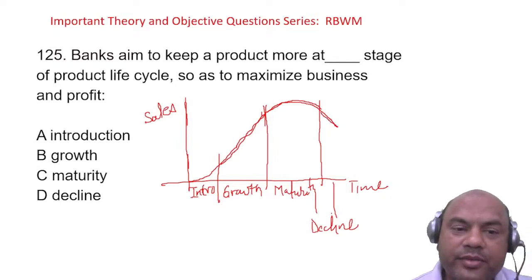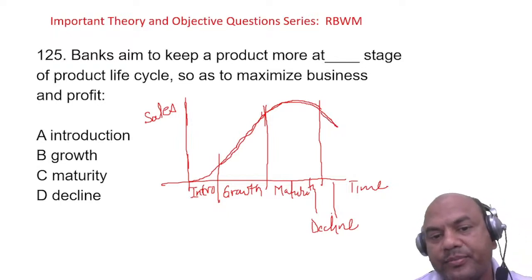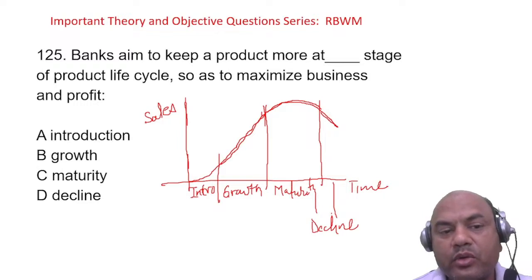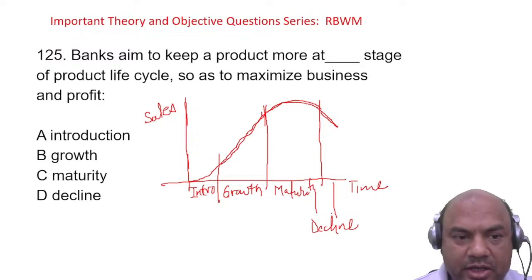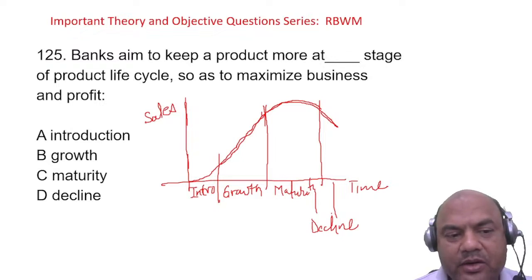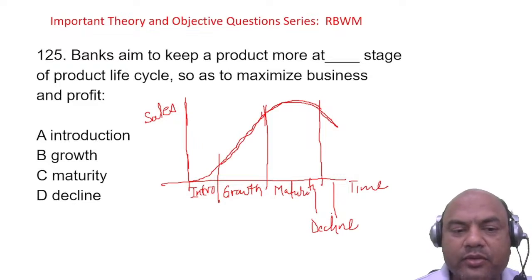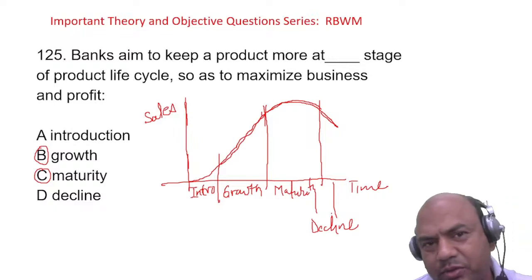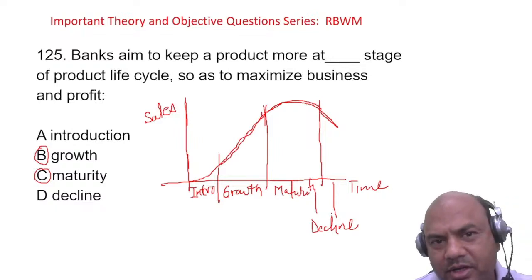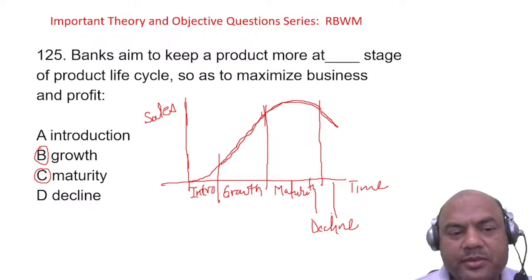Now you tell me, if you are the owner of any company, where will you try to keep your product in the PLC? I'll give you only two options: growth or maturity. Decline and introduction, of course you don't want. So the question is growth or maturity.